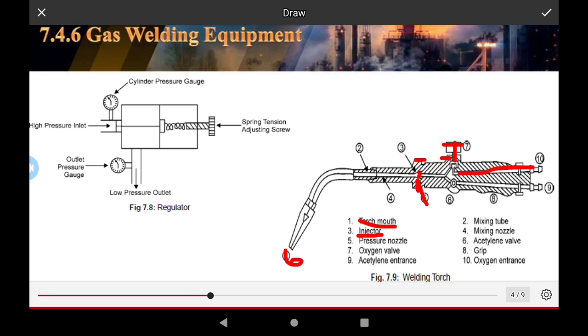Second is the mixing tube. This is the mixing tube of the oxygen and acetylene. Both gases mix in this region. This is the mixing nozzle. Four is the mixing nozzle of both gases.